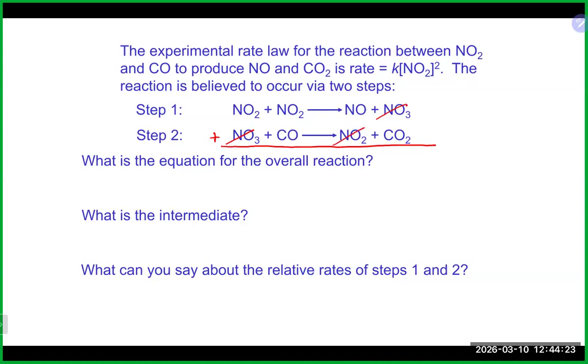We do have an NO2 here, and one of those NO2s will also cancel. And I think that's it. Everything else on the left-hand side will stay there, and everything on the right-hand side will stay there. That gives us an overall reaction of NO2 plus CO going to NO and CO2. Any questions out there?